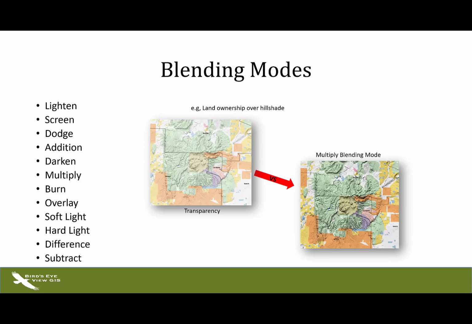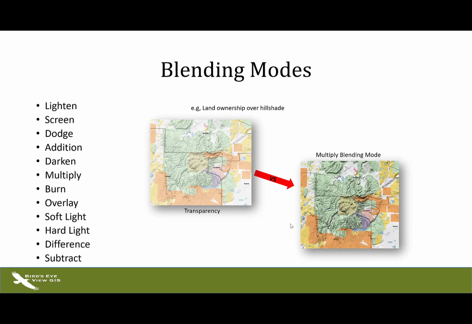But as you start increasing that transparency of the land ownership layer, the colors become less saturated and fade out. And you also get more and more detail in the relief layer. And so there's usually, like I said, a sweet spot in there, 35% or so, that works pretty well.